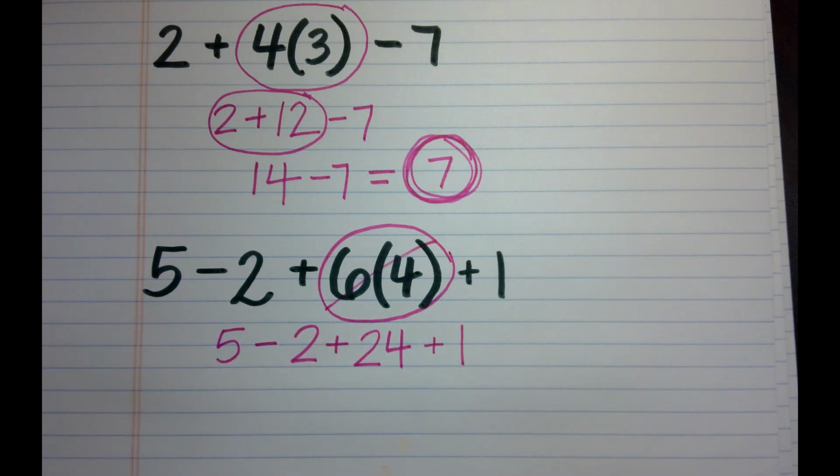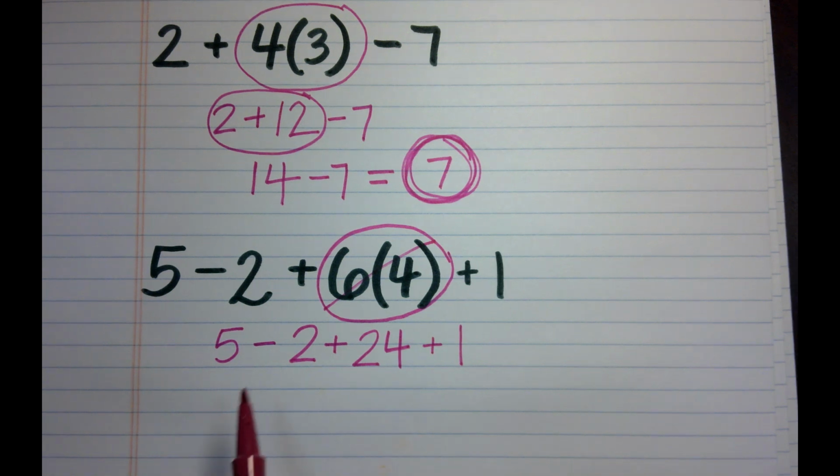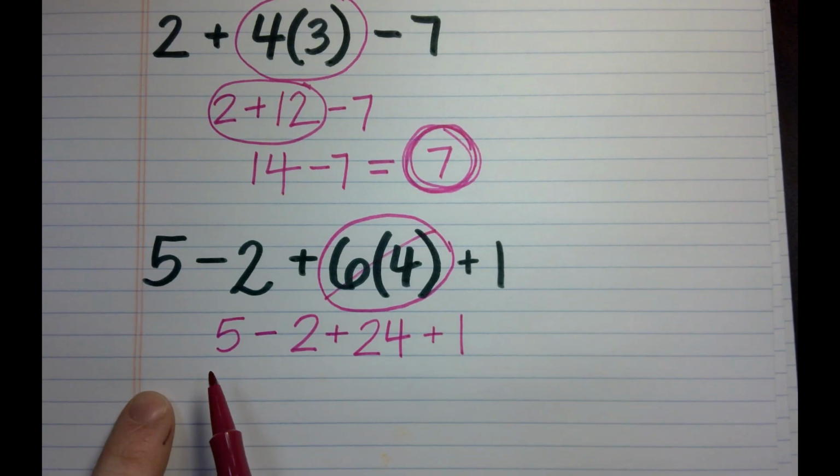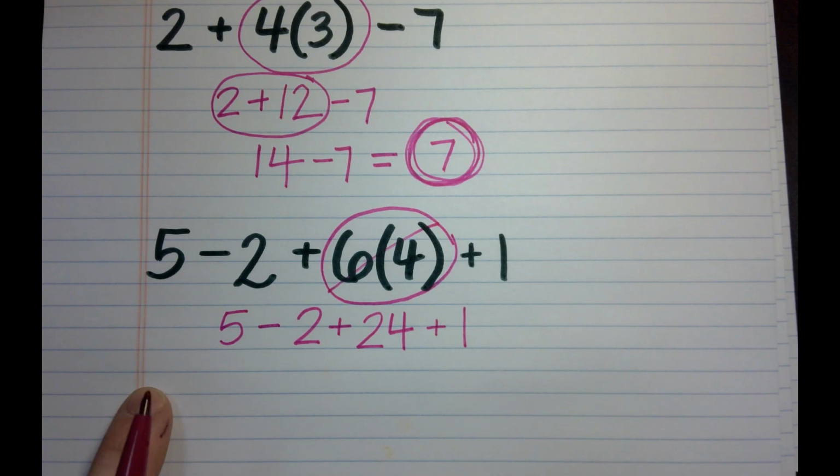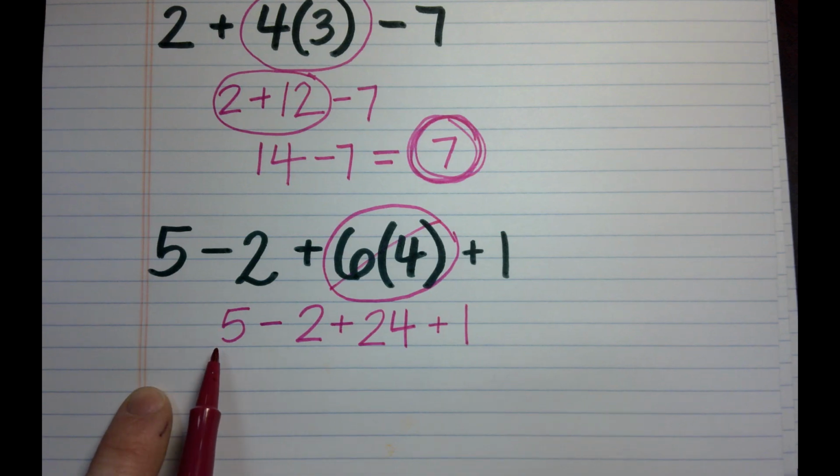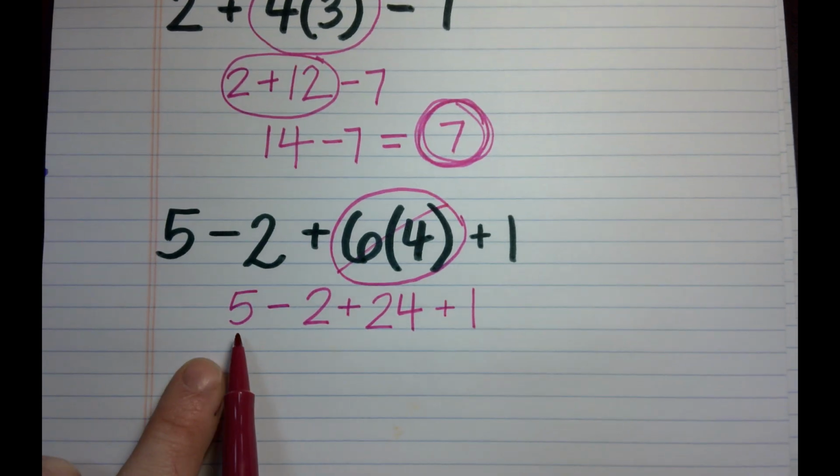Addition and subtraction are grouped together, meaning we just do that as a group from left to right. We don't have to do addition first, but I don't know whether it would affect our answer. Let's see. I'm gonna try it the way that I've been taught. So you're gonna get 3 plus 24 plus 1.